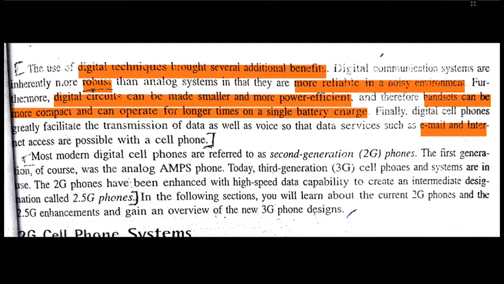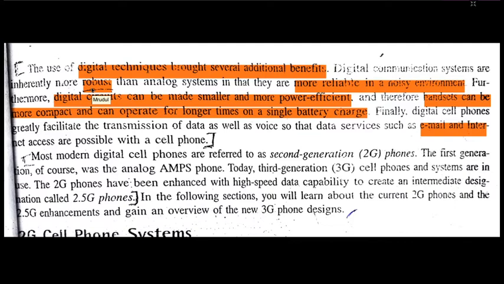First of all, it is robust, whereas analog has chances of not working if, suppose, it falls from your hand. Digital phones have fewer chances of failing, because everything is printed on the circuit board, whereas in analog it is not like that. Because of the smaller circuits, the cell phone becomes more compact and portable, with less weight and thinner, and everything is possible, whereas AMPS is not.